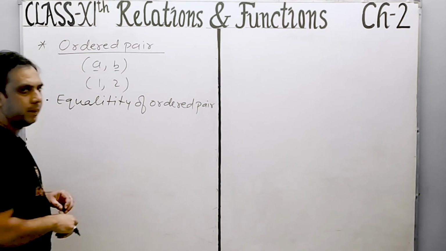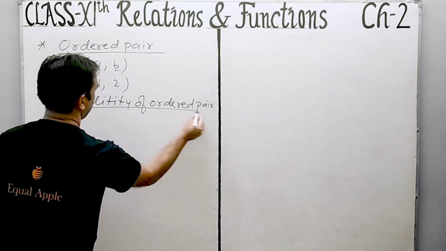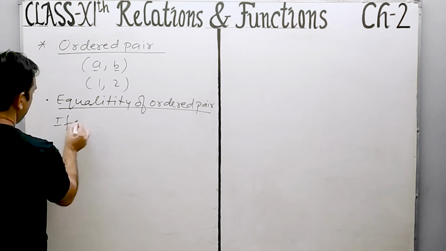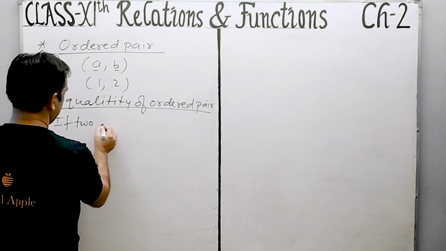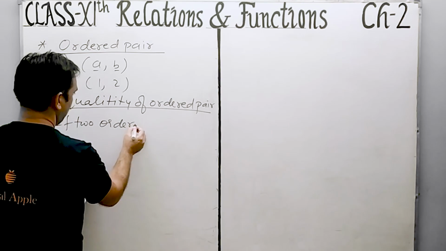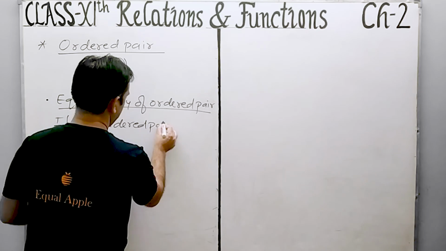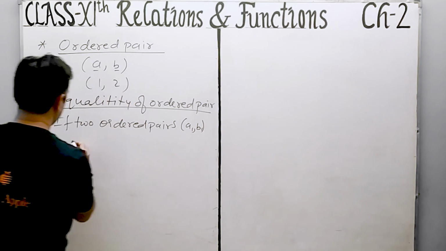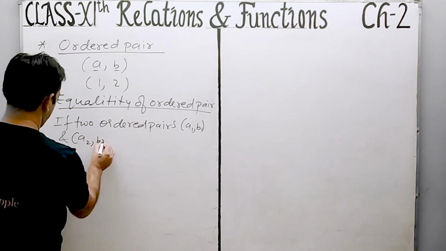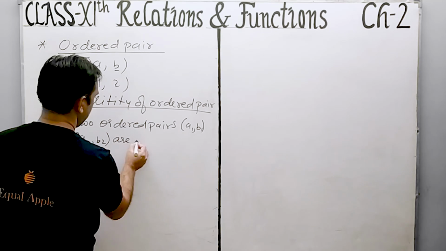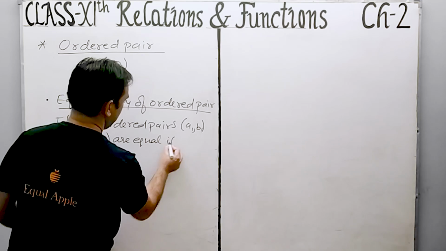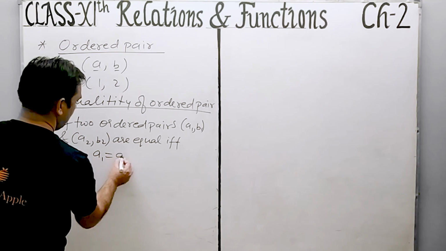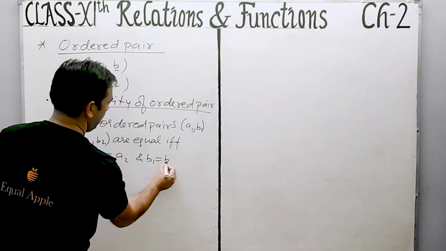What is the equality of ordered pairs? If we have two ordered pairs (a1, b1) and (a2, b2), they are equal if and only if a1 is equal to a2 and b1 is equal to b2.